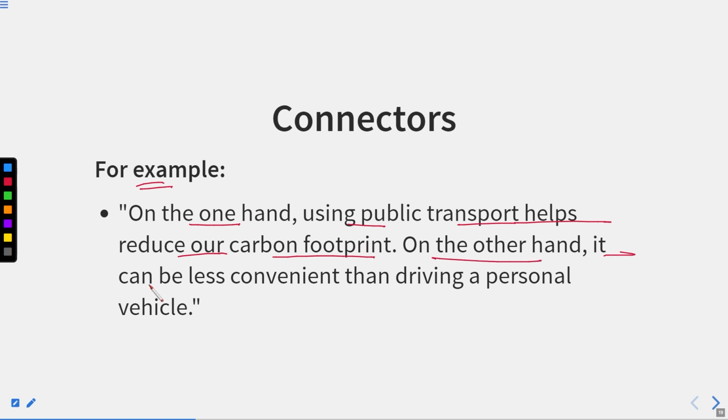On the other hand, it can be less convenient than driving a personal vehicle. So this is one point of using public transport. On the other hand, it can be less convenient than driving. Public transport is less convenient as compared to what? As compared to driving a personal vehicle. So one thing is positive in something and another thing may be negative in something. So one can have various viewpoints or various situations that can occur by using that particular thing.